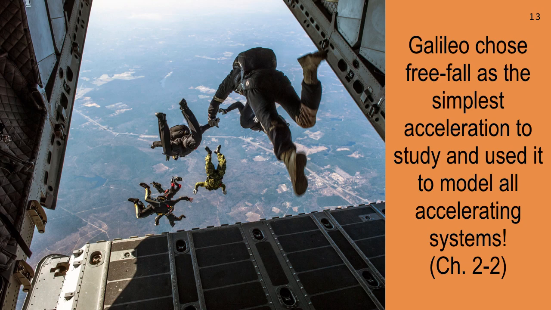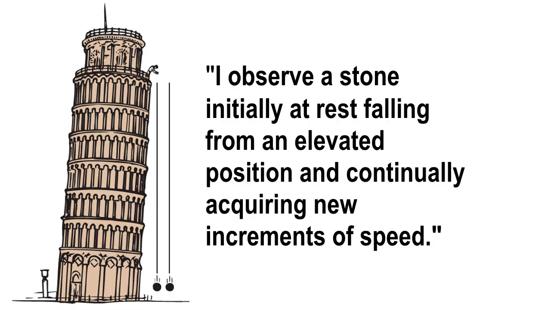Now here's what Galileo wrote about accelerated motion. He wrote that I observe a stone initially at rest falling from an elevated position and continually acquiring new increments of speed.